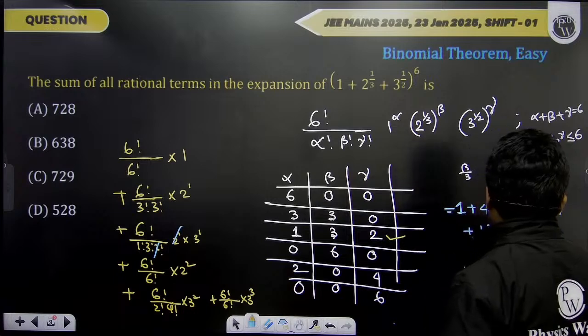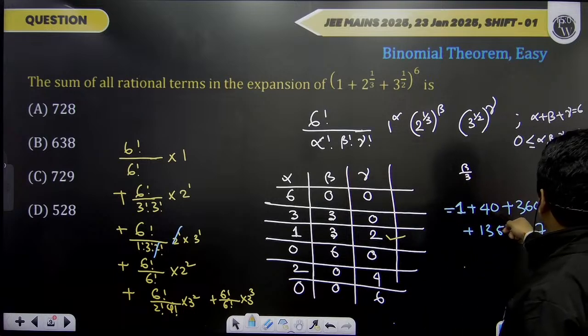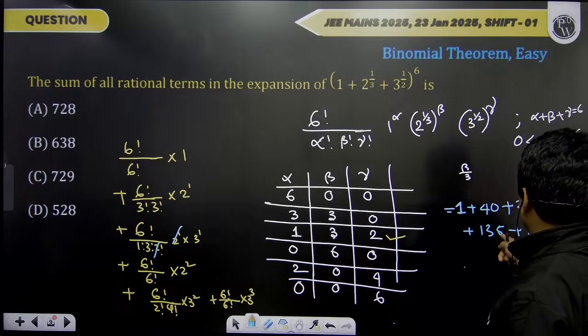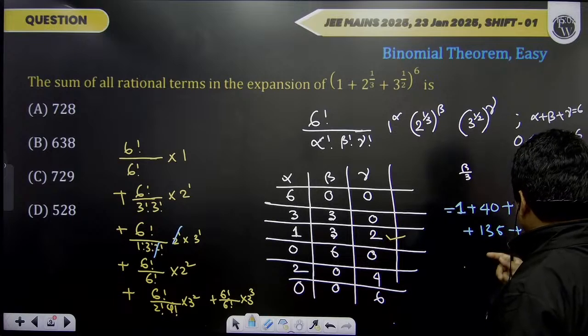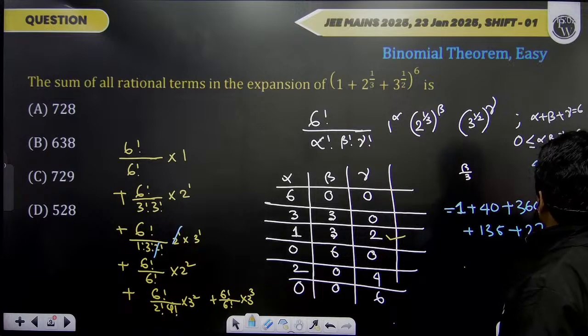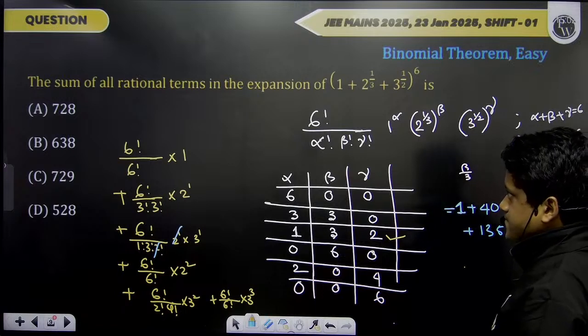So now if we add 360 plus 40, 400, 405, 405 plus 5, 410, 410 plus 130, so this will be equal to 540, 540 plus 27, 567 is coming.